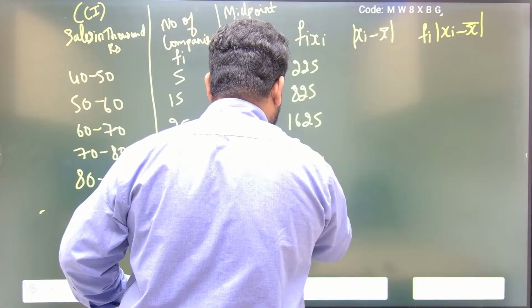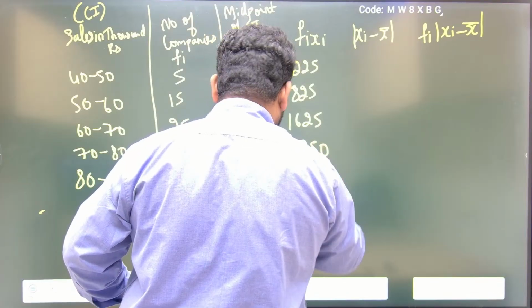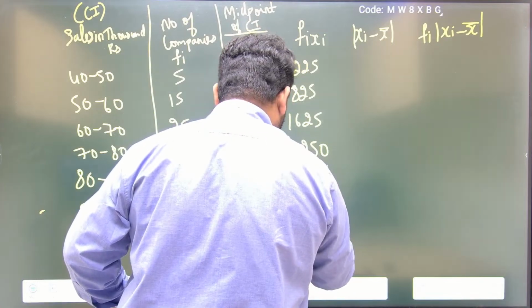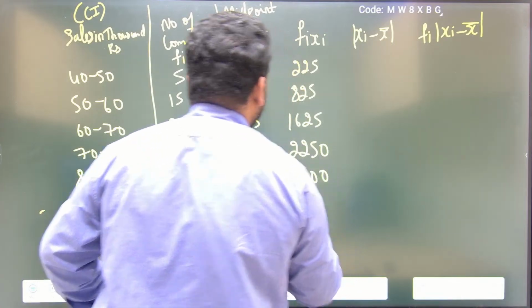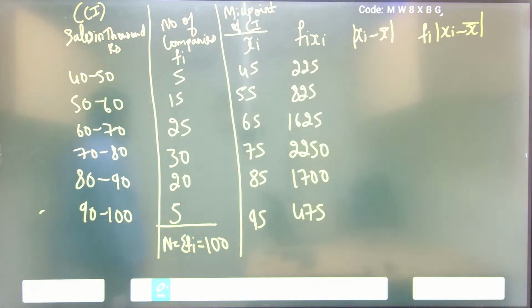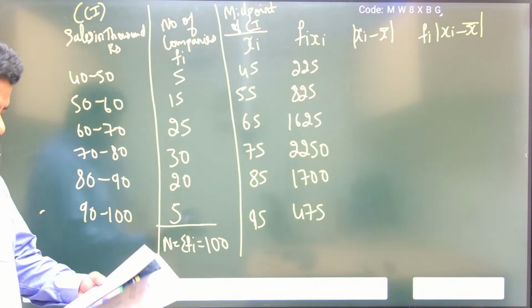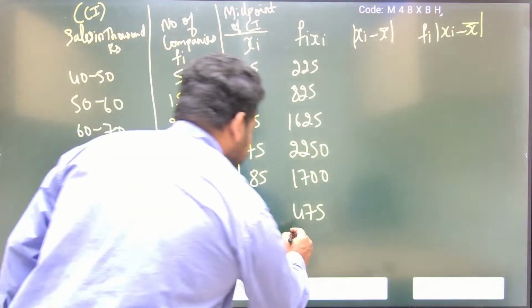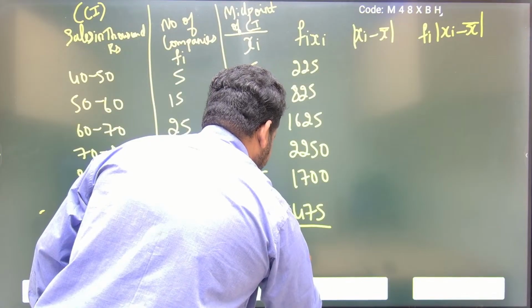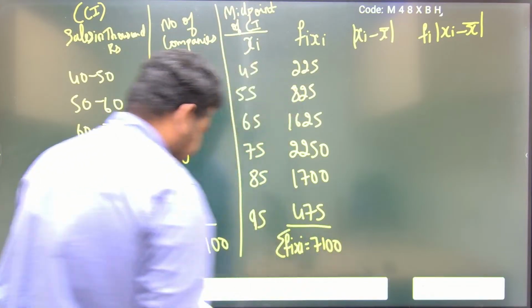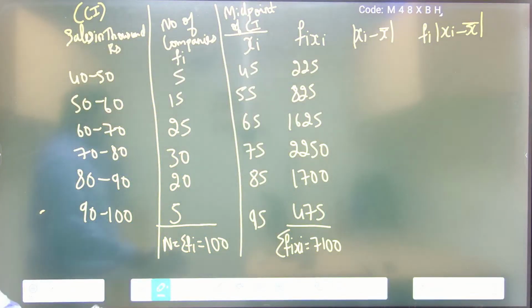These are basic simple multiplications which you have to do. Now on summation of fi xi, we will get the value equal to 7100.